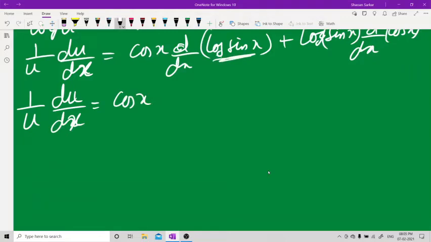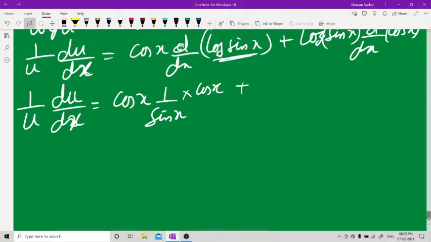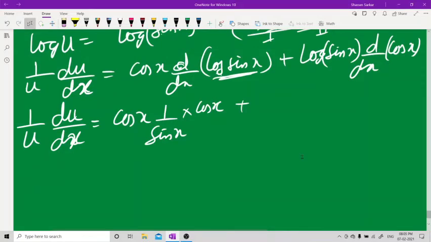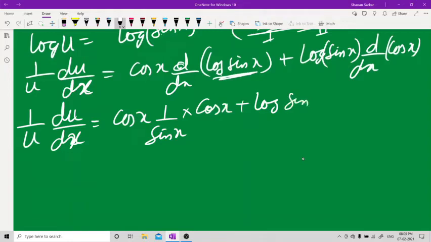First you do for log, that is 1 upon sin x, and then you do for sin x, chain rule, derivative of sin x is cos x. Plus log sin x as it is, and differentiation of cos x is minus sin x.